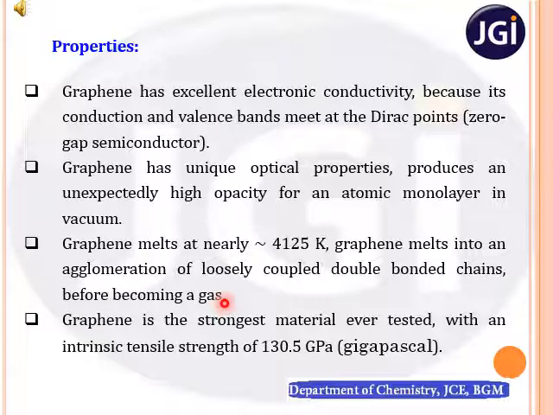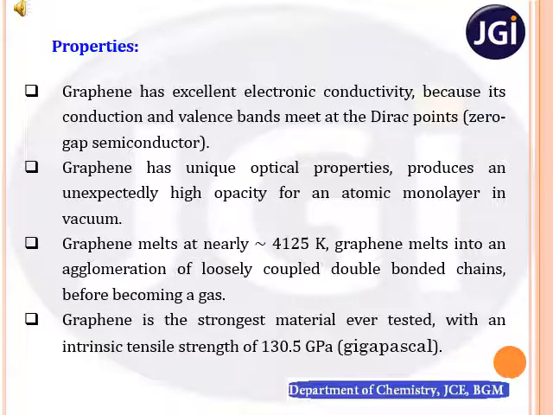The fifth property is that graphene is the strongest material ever tested, with an intrinsic tensile strength of 130.5 GPa. It means it possesses the highest tensile strength of all the materials that we use in our day-to-day life.